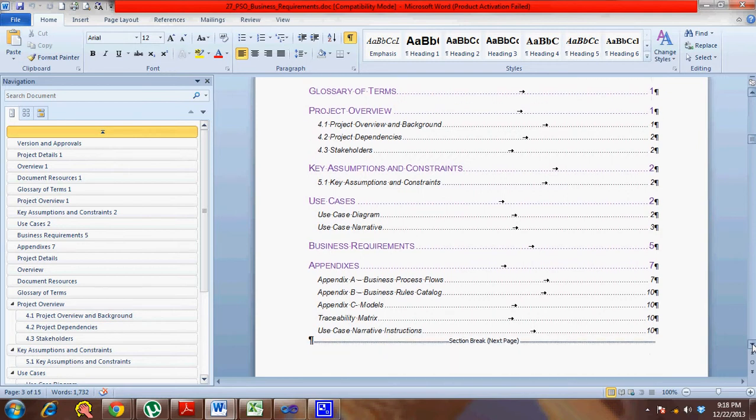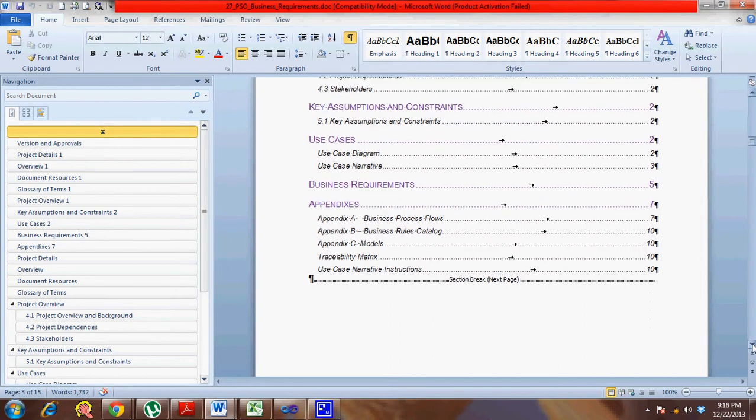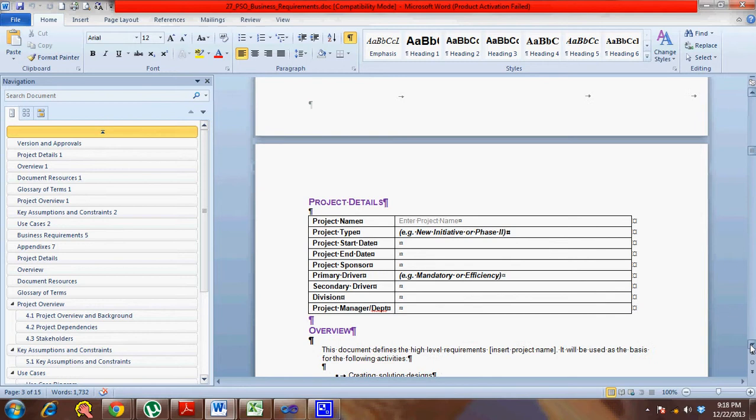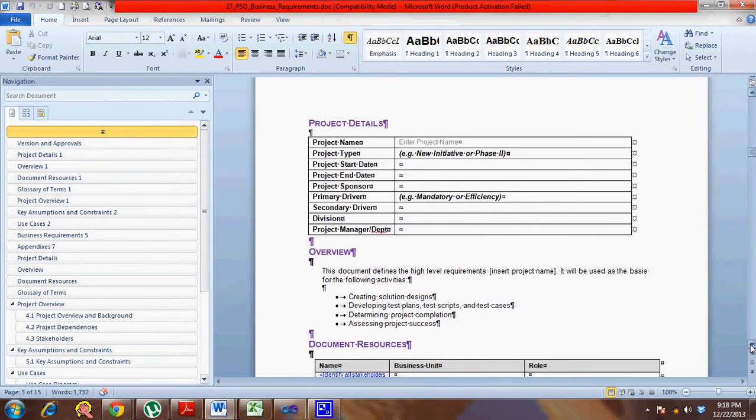You also have business process flow and business rules, which fall under business requirements, part of the requirement documentation. Traceability matrices and all these things are in the appendix. The traceability matrix is normally a separate document which tracks the requirements from one phase to another. So this is one format of the requirement documentation.